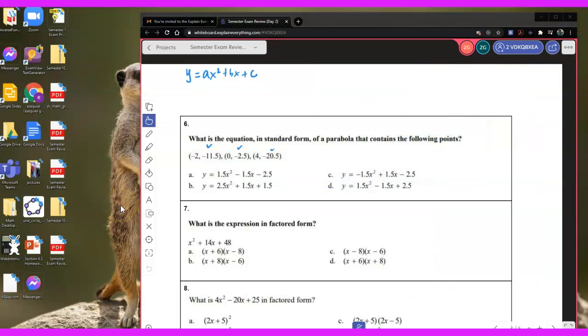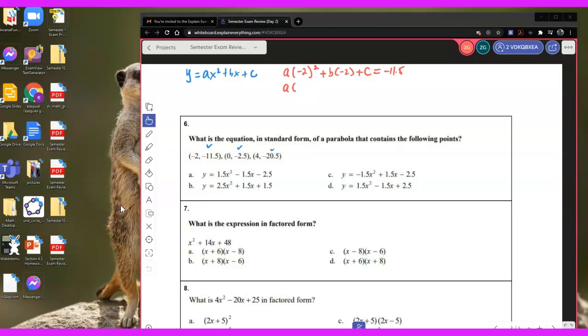We're going to write an equation in standard form of a parabola that contains 3 points. And we're going to use y equals ax squared plus bx plus c. So we have a times -2 squared, plus b times -2 plus c equals -11.5.